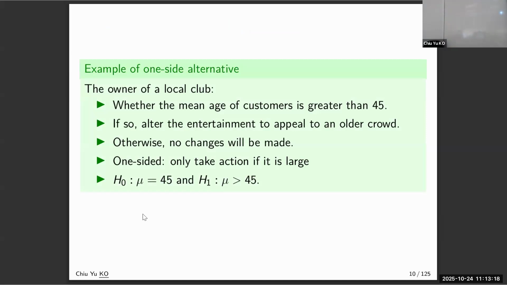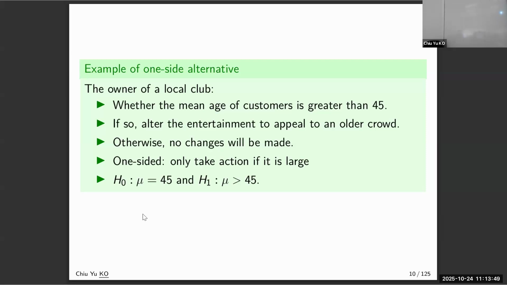If there are more old people, then you probably want to use old people entertainment. Otherwise, no change. So the null is always simple. The alternative will be more than. You take action if more than, so look for evidence of more than, because you don't want to take action if less than. So that's why the alternative is more than.